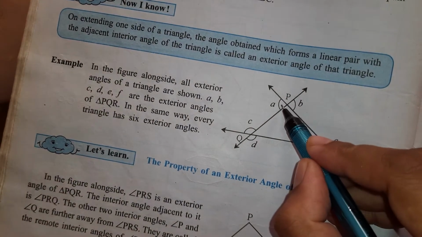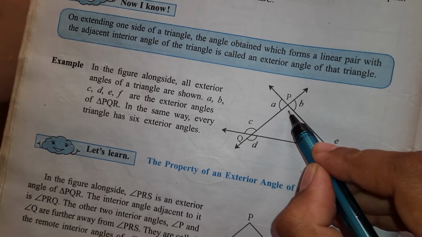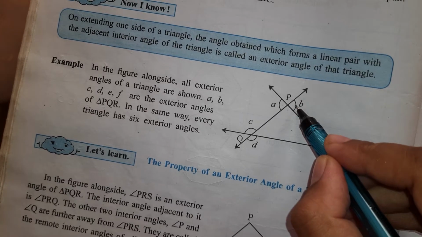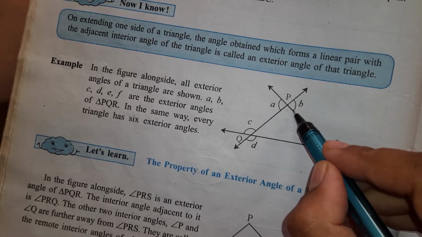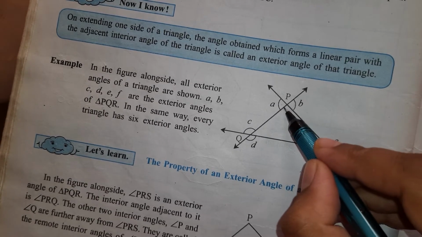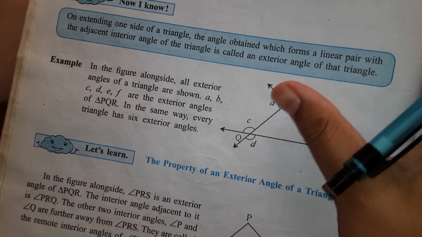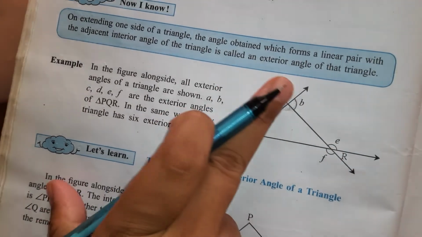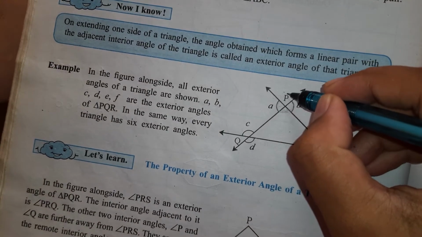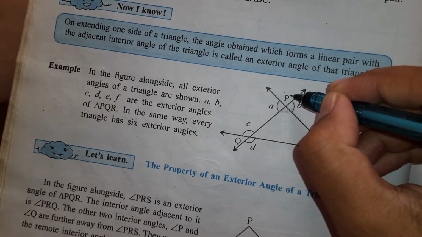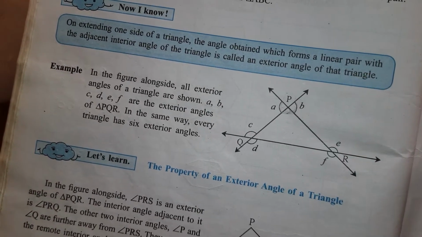See, this is the exterior angle because it forms adjacent pair with interior, and this is also exterior because it forms adjacent pair with the interior and together they form linear pair. ये दोनों भी linear pair है, या फिर ये दोनों अगर लेंगे तो ये भी linear pair है. See, this is linear pair and this is also linear pair. What about this angle? This angle is not exterior. It is not called exterior because it is not adjacent to the interior.